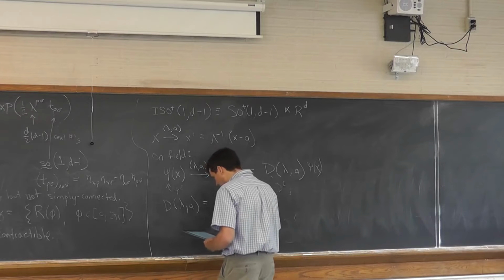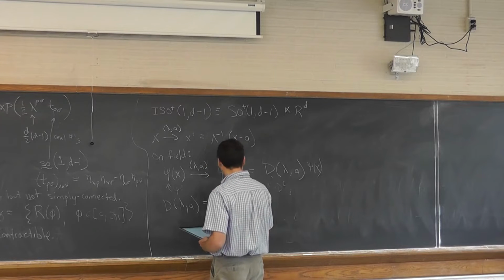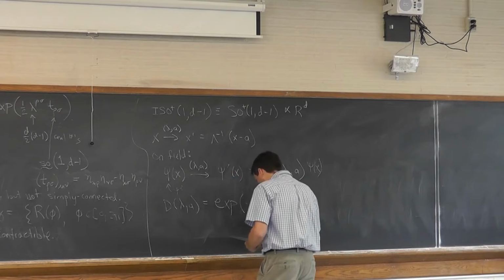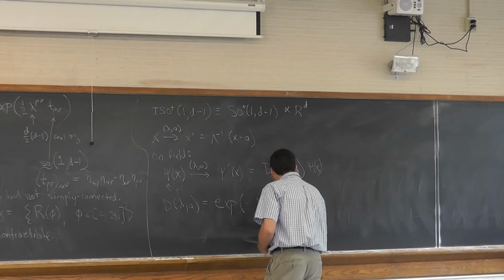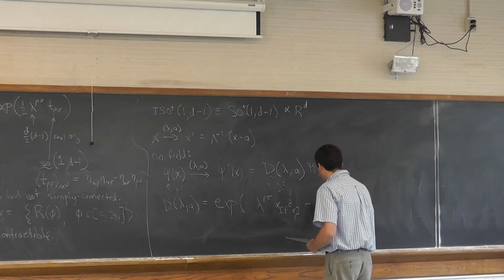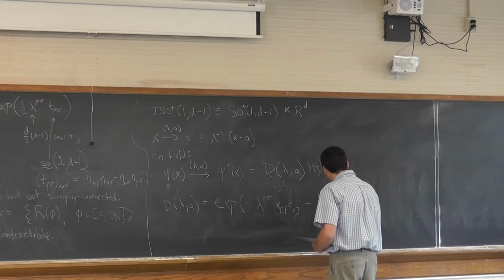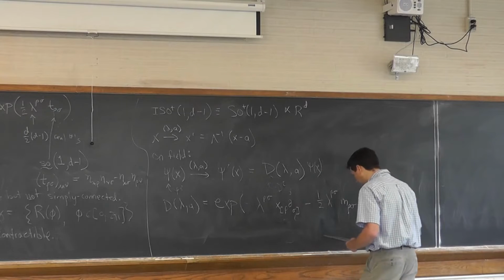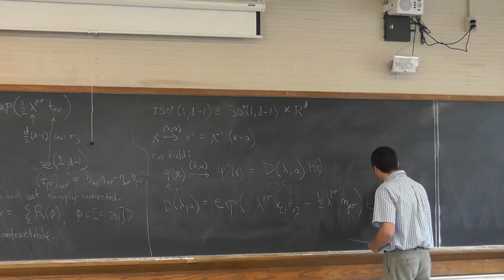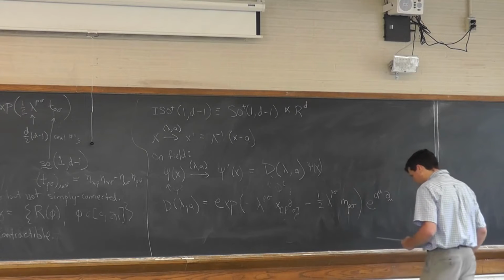So D of lambda, a is e to the minus lambda rho sigma x bracket rho d sigma, minus a half lambda rho sigma M rho sigma, times e to the a mu d mu.